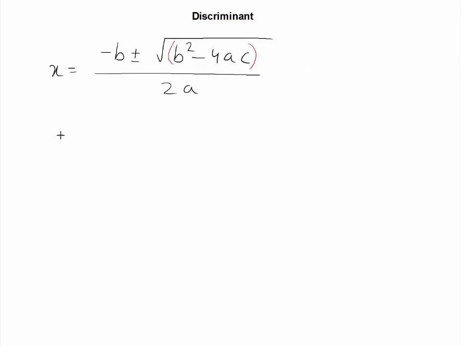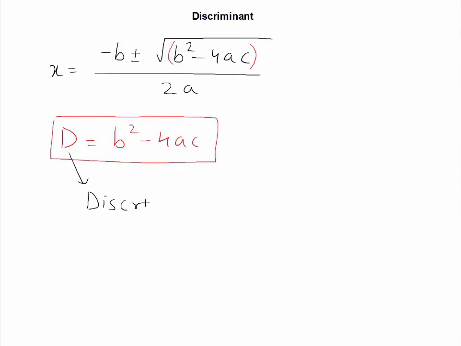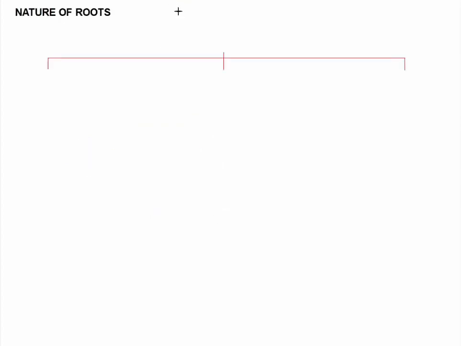So we give it a new name, discriminant, which is denoted by D, and it is equal to b square minus 4ac, where D is the discriminant. Using the discriminant, we can find the nature of roots of ax square plus bx plus c equals 0.